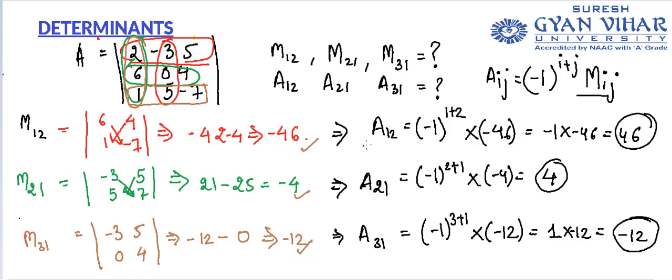So these are your three minors and cofactors. You can find all the minors and cofactors using this method. Now, where are minor and cofactor used? From minor you can find the cofactor, and from the cofactor you can find the adjoint and the inverse of a matrix.